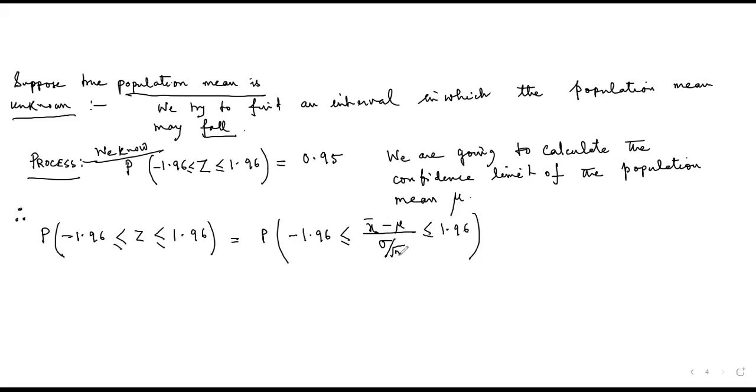Sample size is positive, so the square root of the sample size is also positive. Standard deviation is positive, so the ratio of standard deviation and the square root of the sample size is positive. So the denominator is positive, and therefore we can multiply all the sides by this positive quantity.